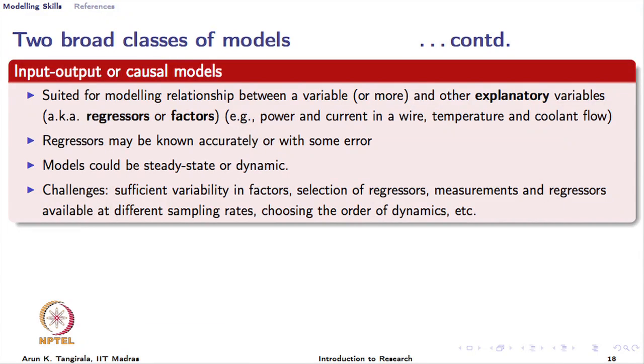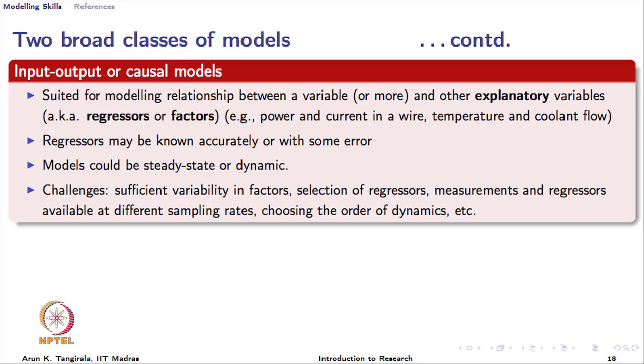So, it takes us back to the same thing that we learnt in the last lecture, deterministic or stochastic. And of course, you can have different models, and there are several challenges again here. For example, in cases where I have the privilege of performing an experiment where I change the factors or the explanatory variables, how should I change them?